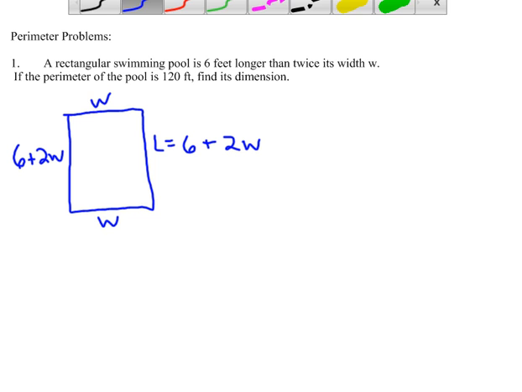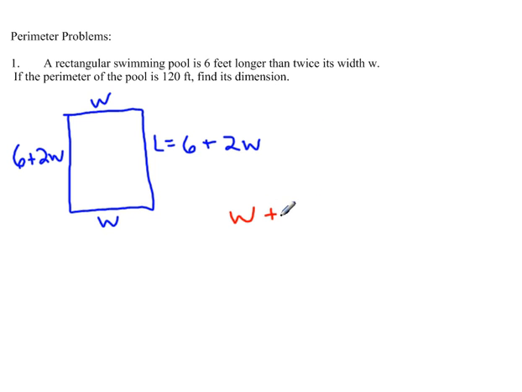Okay, so for perimeter, that just means add up all the sides. So the equation that we're going to have here is going to be W plus 6 plus 2W plus W plus another 6 plus 2W. And they said the perimeter was equal to 120, so that equals 120. Okay, so there's our equation.